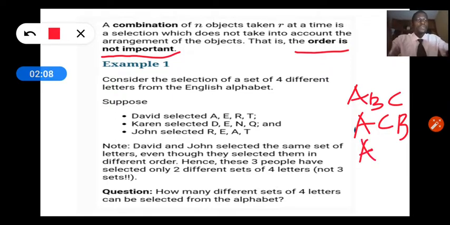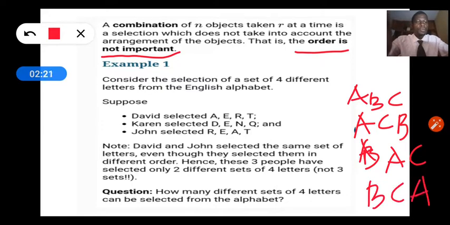Yes, the two of them are the same. BAC is the same thing as BCA, but in permutation they differ.